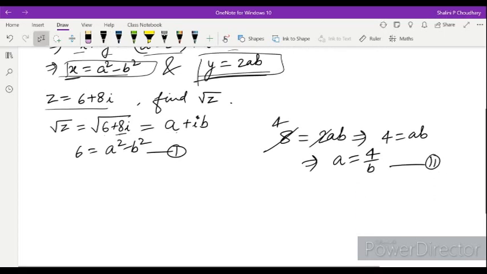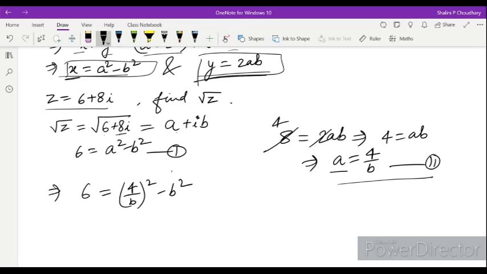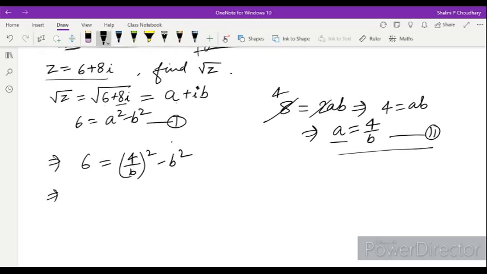Now putting the value of equation 2 in equation 1, what we'll get? We'll get 6 equal to a square. So what is the value of a? 4 upon b whole square minus b square. Okay, so now we can write 6 will be equal to 16 upon b square minus b square. That is 6 equals 16 minus b to the power 4 divided by b square.